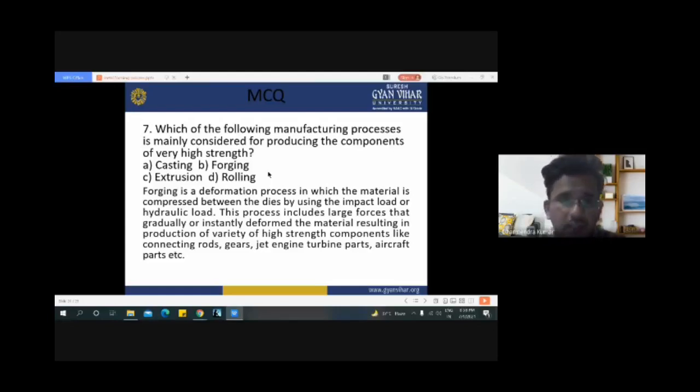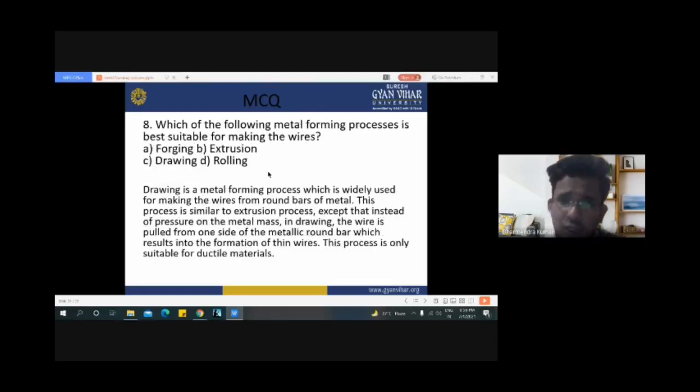Another multiple choice question: which of the following metal forming processes is best suited for making wires? We have seen in the previous slide that wires and tubes are made only by the drawing process. Now, overall, we covered three types of metal forming processes: extrusion, forging, and drawing.